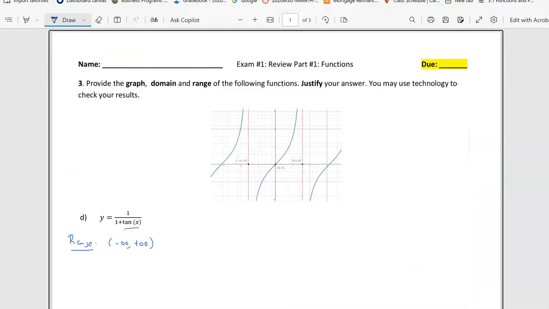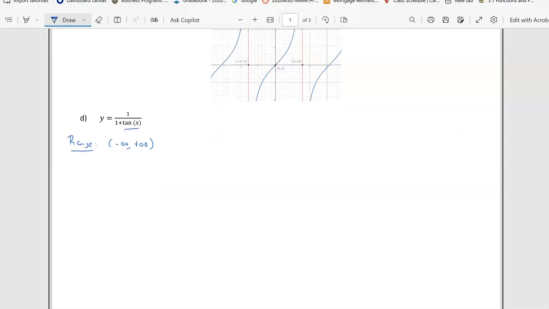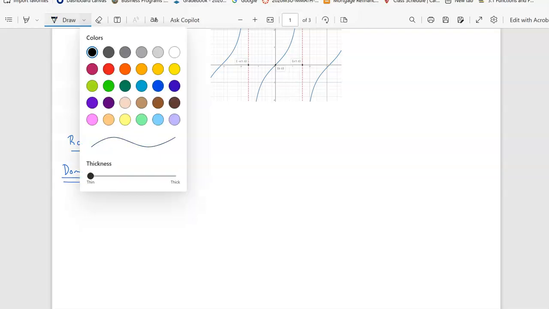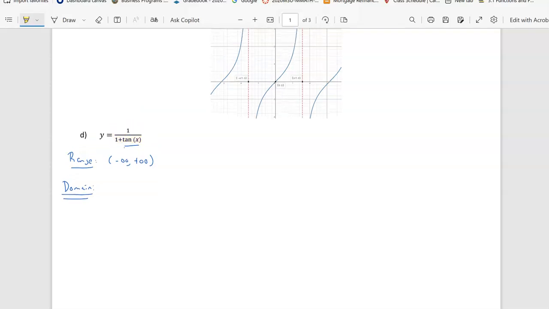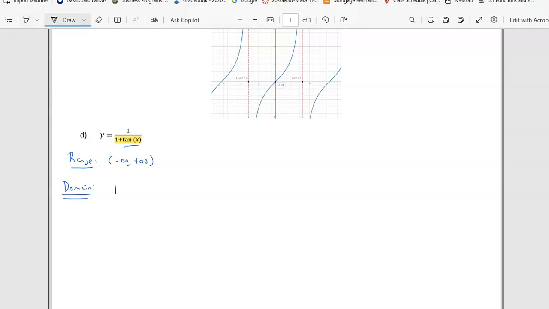The next portion we have to worry about is the domain. When we talk about the domain for this function, you have to look at the denominator, the portion at the bottom, which is 1 plus tangent. We're looking at where 1 plus the values of tangent is equal to 0.